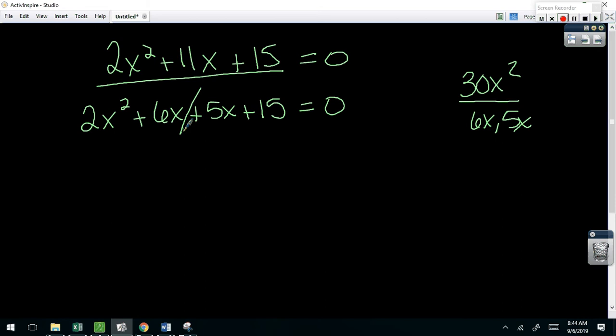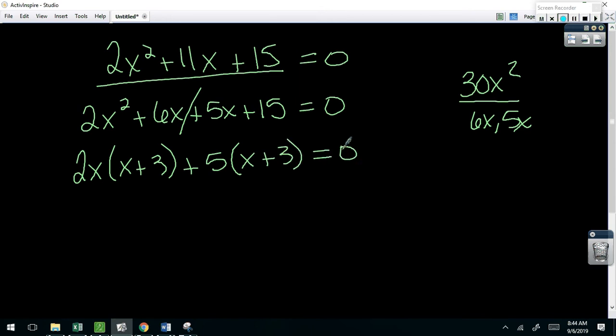What's the GCF of the first two? 2 what? Leaves me with, how about the second 2? Leaves you with. That's exactly right. Yep.